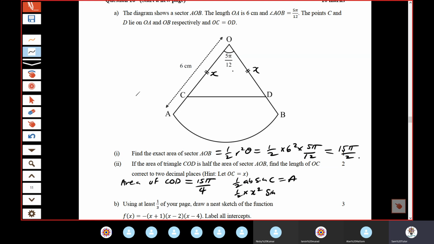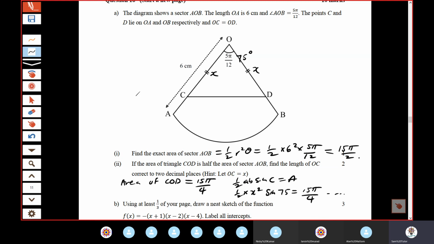If you're not, make sure you sub in 75 degrees. So I'm going to use 75, with A being the area, and then we should know how to times by 2, divide and square root. I'll leave that for you to continue from there. You're just solving for x.